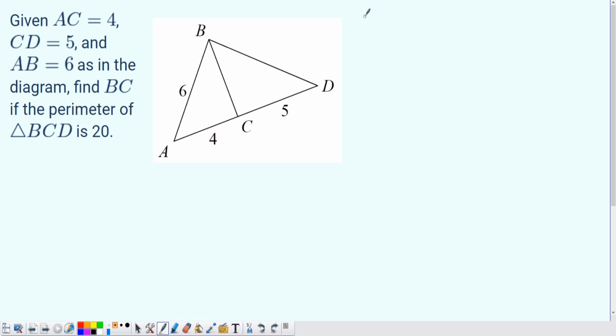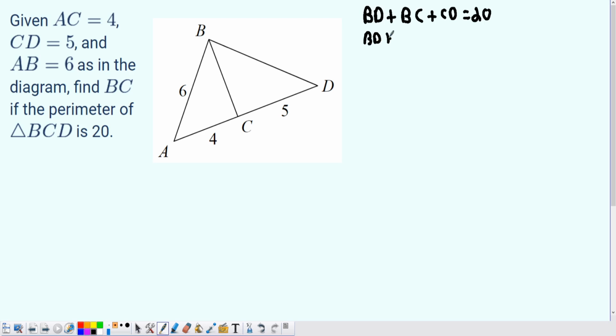Well, what's the perimeter of BCD? That would be BD plus BC plus CD, which is equal to 20. And we could even reduce that a little bit.